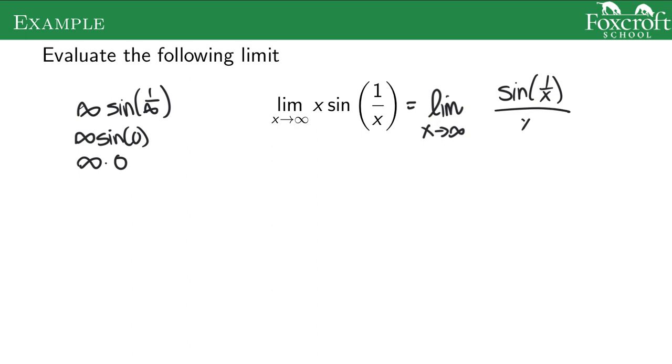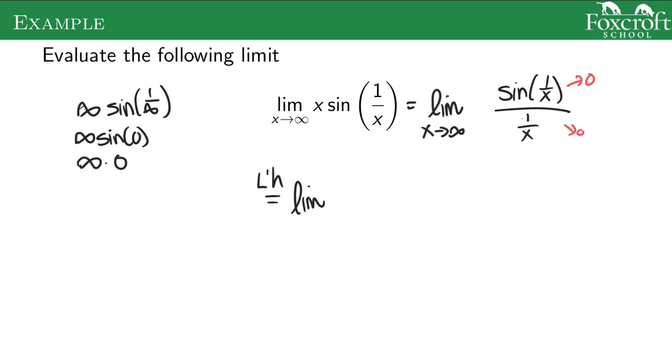I can't just move it to the bottom like this because that wouldn't be the same expression. What I can do is put 1 over x on the bottom. Now if I try to plug in infinity, the top's still going to be 0, and the bottom, 1 over infinity, is 0. So now I get 0 over 0, and I can use L'Hopital's rule.